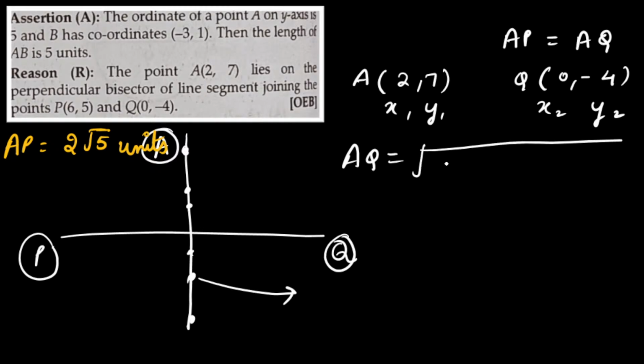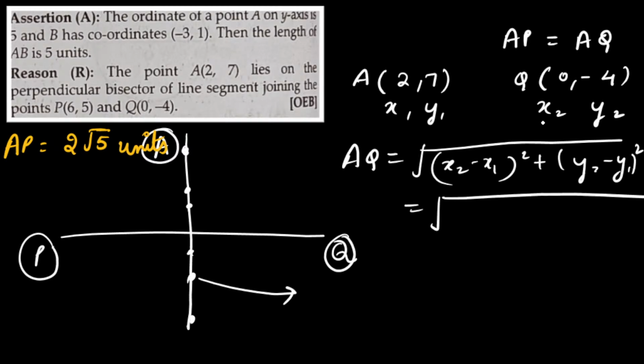AQ is equal to square root of (x2 minus x1) whole square plus (y2 minus y1) whole square. So x2 is 0 minus x1 is 2, so (0 minus 2) whole square, plus y2 is minus 4 minus 7 whole square.